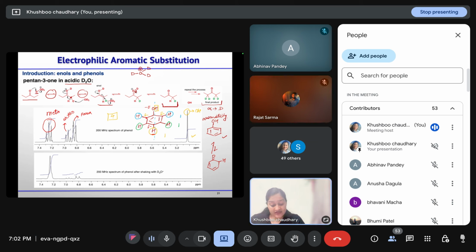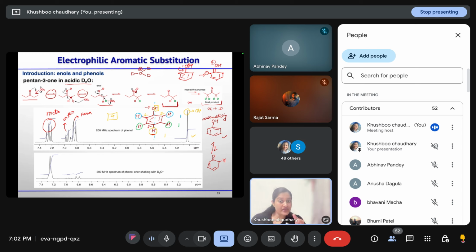See, when oxygen gives electron density to the benzene ring, I can write one of the resonating forms, where negative charge comes at the ortho position or at the para position.